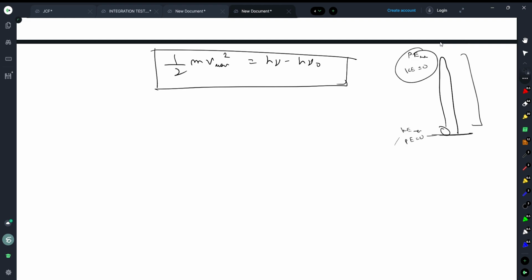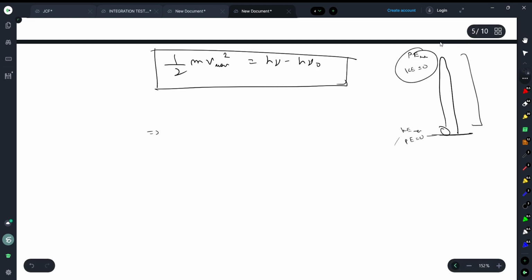Now this maximum kinetic energy of the electron, if it can be stopped using some particular potential, which we know is called the stopping potential, then this complete kinetic energy gets converted to potential energy due to the stopping potential.